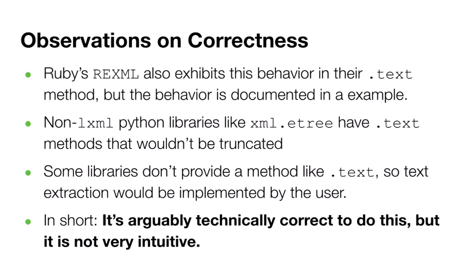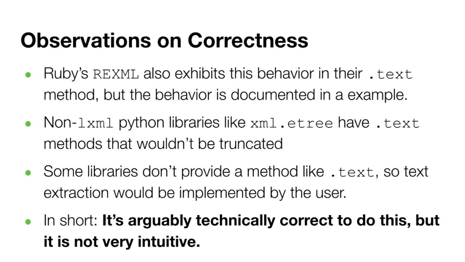But another perspective on correctness may be whether a language ecosystem is consistent. Other Python libraries like Python's ElementTree have a .text method exactly like LXML does, but that one actually ignores the comment and returns the full inner text. So at best you could probably argue that this behavior is technically correct, but technical correctness may not be intuitive, and unintuitiveness may be hurtful.